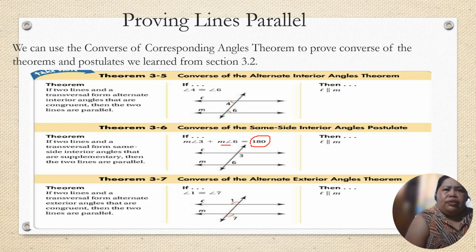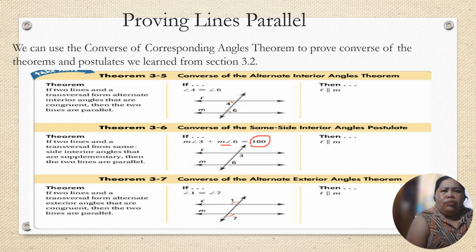Then Theorem 3.7, the converse of the alternate exterior angles theorem. If two lines and a transversal form alternate exterior angles that are congruent, then the two lines are parallel.